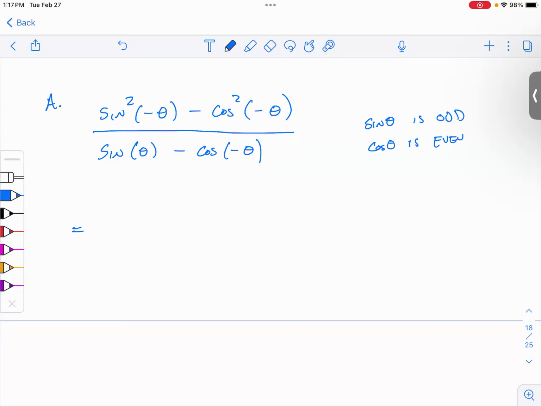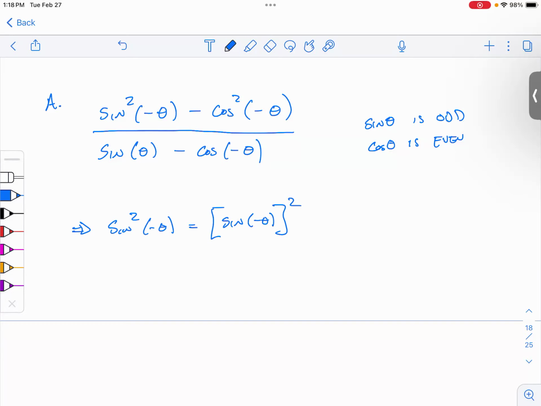Now, here's the best part. The negative comes out front, but what sine theta squared actually is, we can rewrite this. Remember that notation actually says this, and some people write it like this always because it's more descriptive.